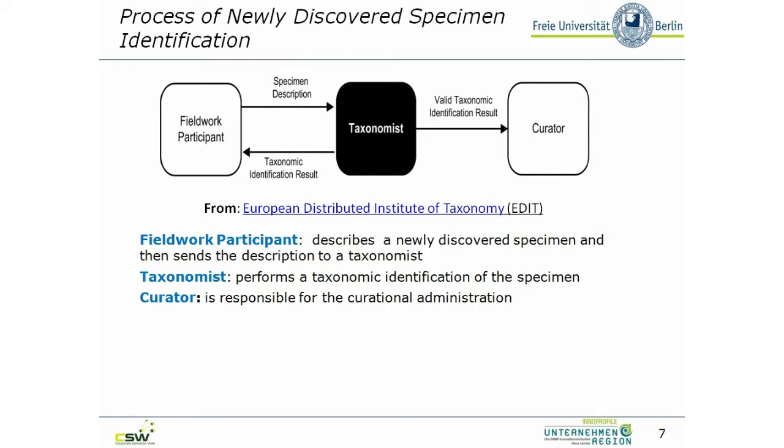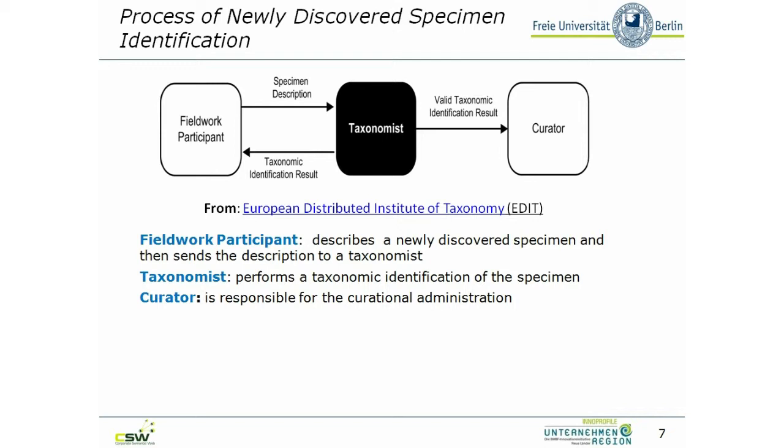Before we go to our rule agent approach, first I would like to introduce a use case from the European Distributed Institute of Taxonomy, used to identify newly discovered specimens. We can see there are three actors in the process.